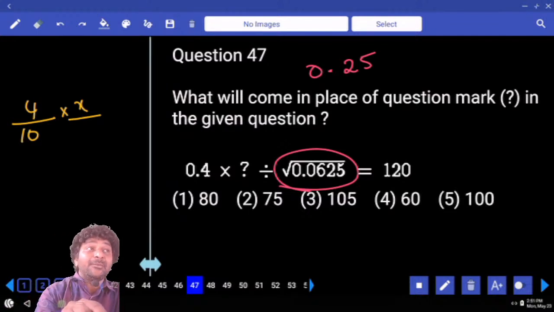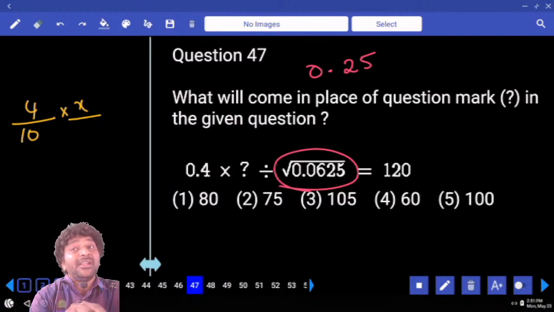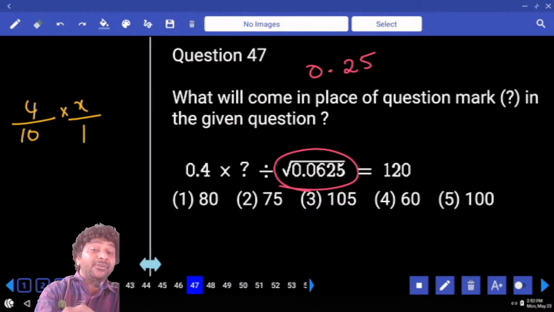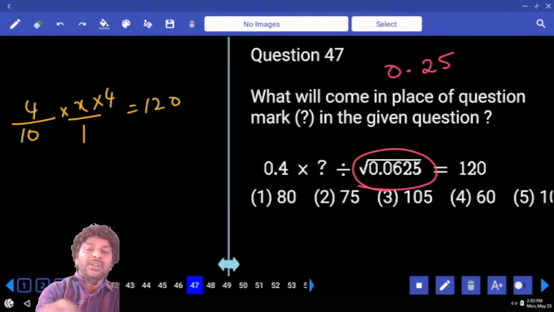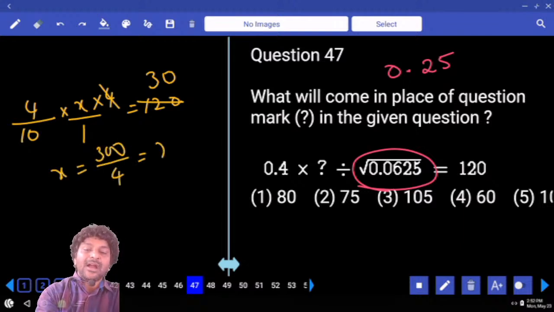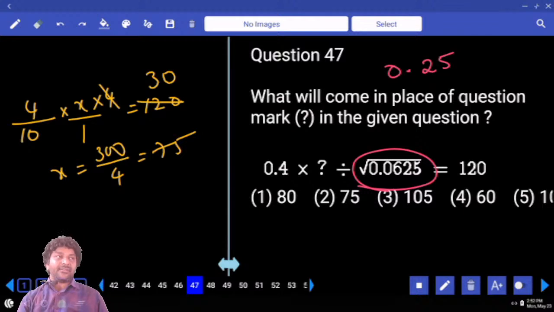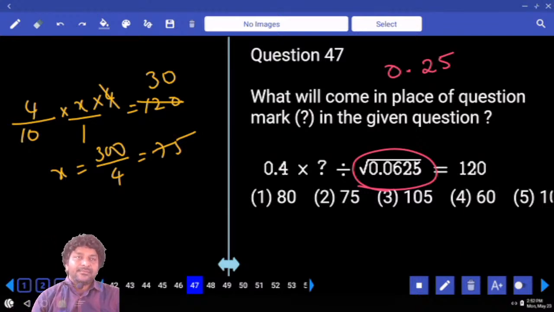Can I write 0.25 as 25 by 100? Or I can write 1 by 4 also. The denominator comes to the numerator, which is equal to 120. 4, 30 times. Then x is equal to 300 by 4. Half and half, 75. Half of 300 and again half.